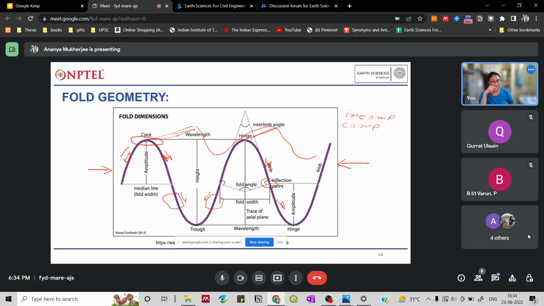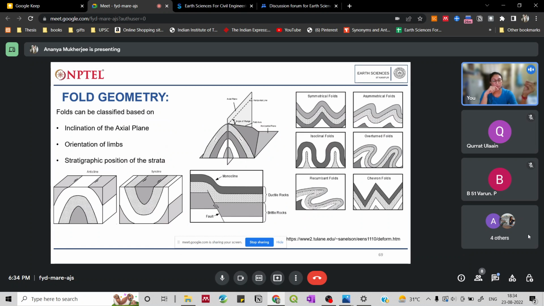Now we can see that based on these elements of the fold, you can categorize the different kinds of folds that we see on field. Suppose we are understanding anticline. Based on the orientation of the limbs, we can say this is anticline. How? See the bed over here, it has folded and it is forming a crest.